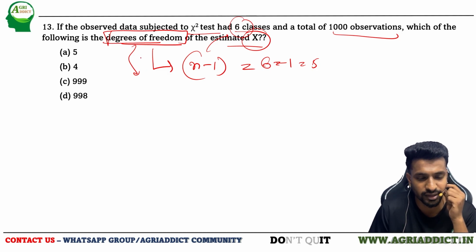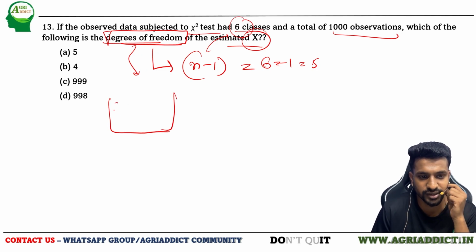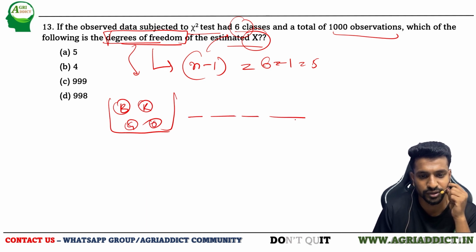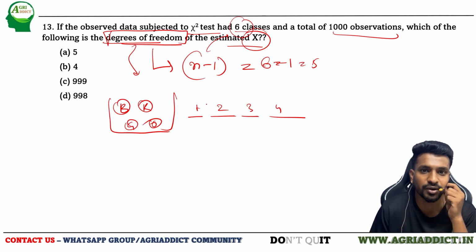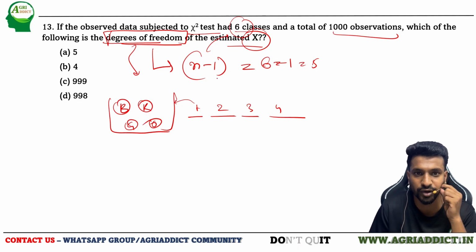So to understand this, let us take an example. Let us consider there is a box in which there are 4 balls of different colors: black, red, green and orange. And there are 4 students, or 4 children, standing in a line, 1, 2, 3, 4. They are standing in a queue, and each of these children is allowed to pick one ball from the box one by one.